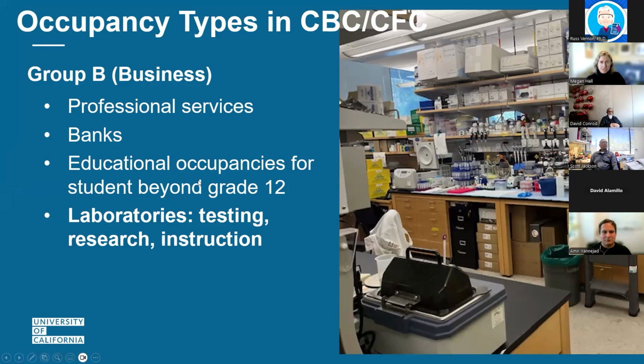Maybe not the health centers as much, but these are everything from your professional services, dentist's office, banks. Okay, so a lot of our laboratories are designed to Group B occupancy, sometimes called B labs. These are really common and probably what you have in a lot of your buildings.